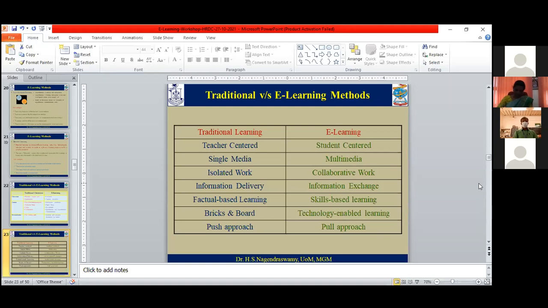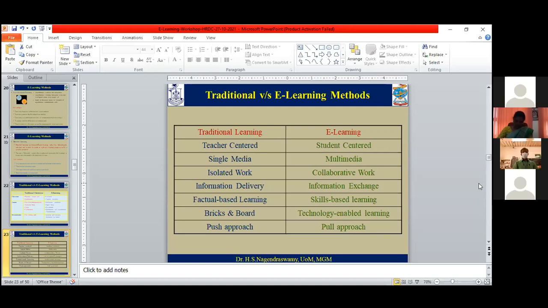Traditional learning is isolated work; e-learning is collaborative work. In traditional learning, it's information delivery, but in e-learning, it's information exchange. Factual-based learning versus skill-based learning. Bricks and board versus technology-enabled learning. A push approach versus a pull approach. So this we need to understand.